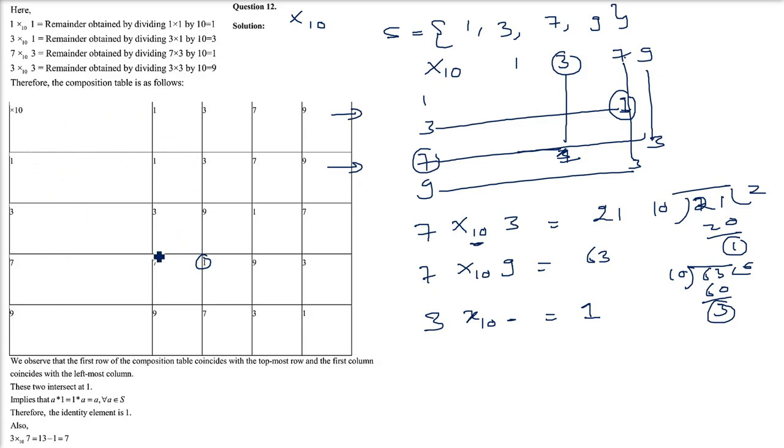So first row, second row, they both are same. First column, second column, they both are same. Why they are same? Because 1 is the identity. Now 3 is operated with a certain value so that you get 1. So 3 is operated with what value? The first example I took. So it will be 7. So 7 is the inverse.